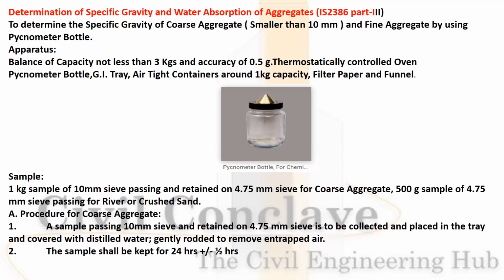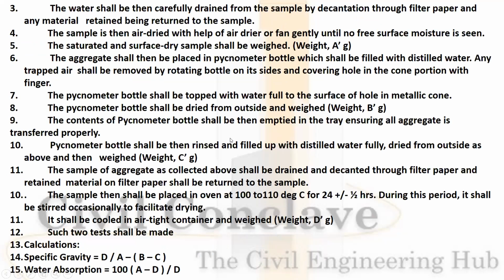Procedure. Sample passing 10 mm and retained on 4.75 mm is to be collected, placed in the tray and covered with distilled water. Lightly tap it to remove the entrapped air. The sample shall be kept for 24 hours plus or minus half an hour.